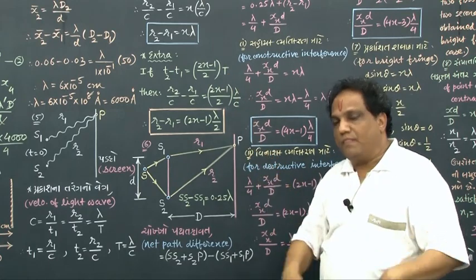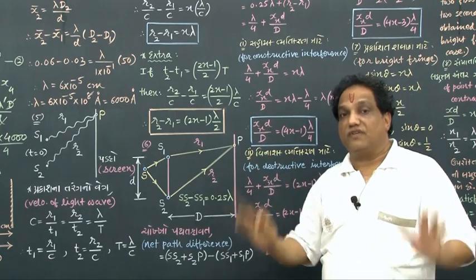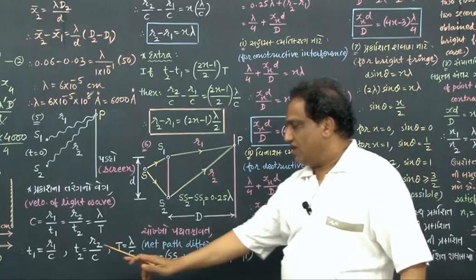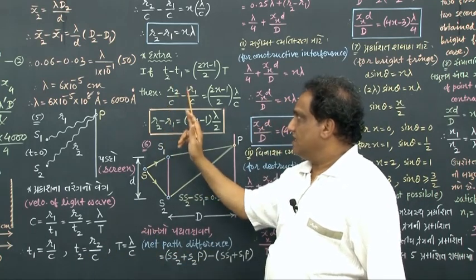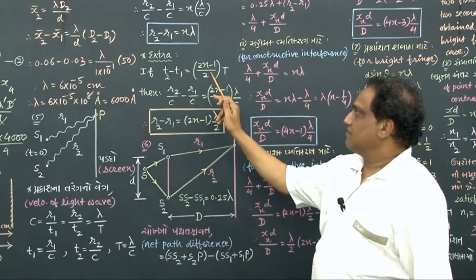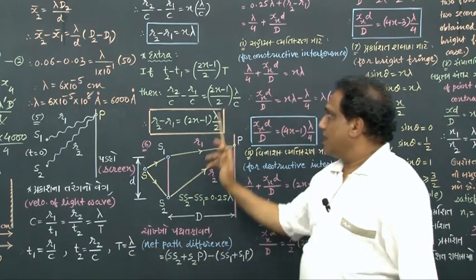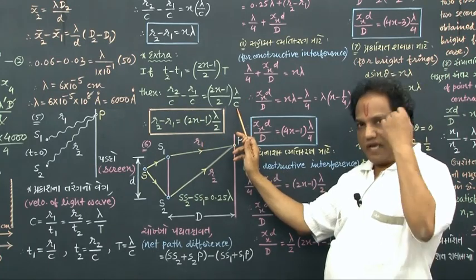If they give so, then you can show that in this case, condition of destructive interference will be obtained. I am showing you. What is the formula for t2 minus t1 right now? R2 upon c minus R1 upon c, equal to 2n minus 1 into capital T, and capital T is lambda upon c. c getting cancelled.